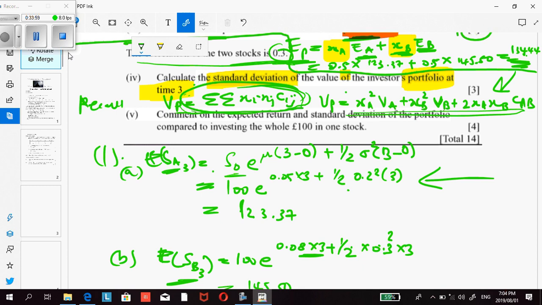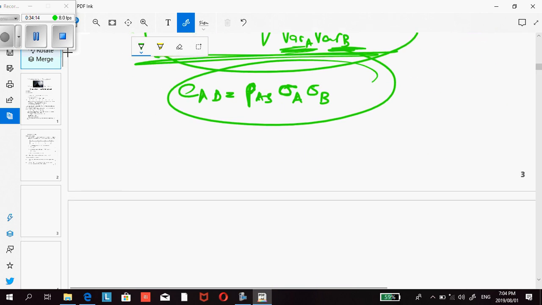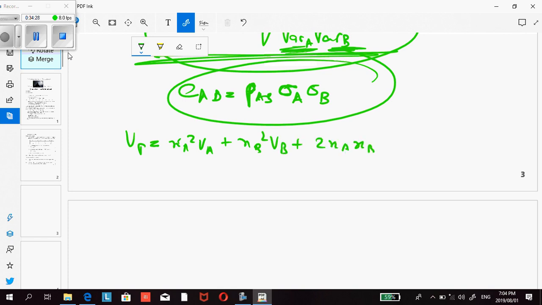Your proportion invested in A will be, so I'm using this formula here. This video is now longer than I expected, but let me quickly finish this and stop. The variance of your portfolio is XA squared VA plus XB squared VB plus 2 XA XB covariance of A and B. We have got this to be 0.5.